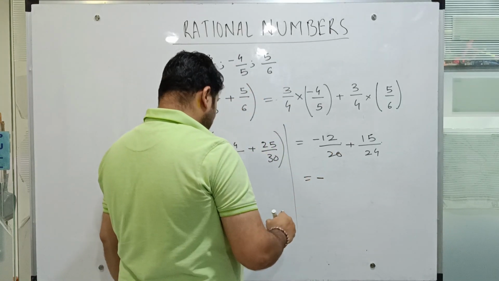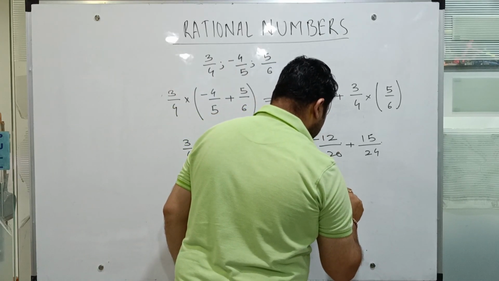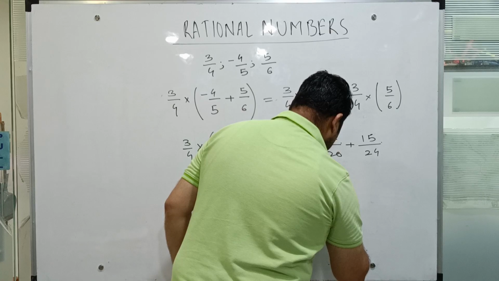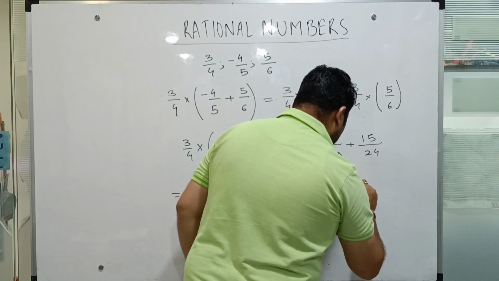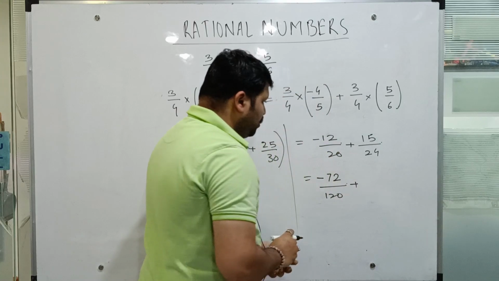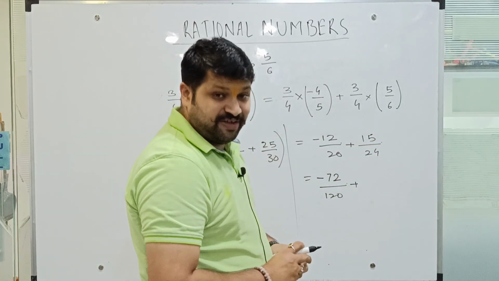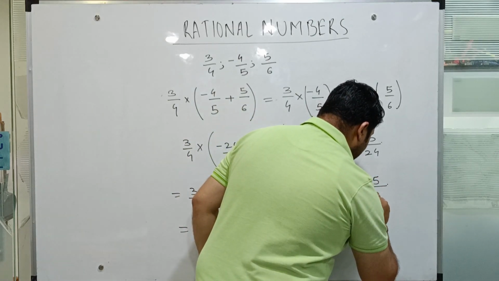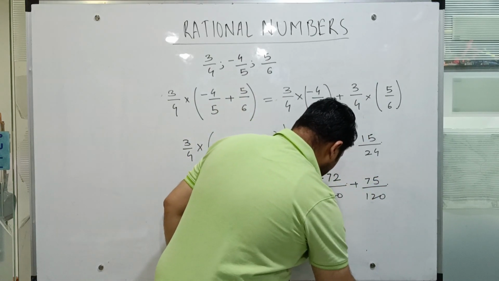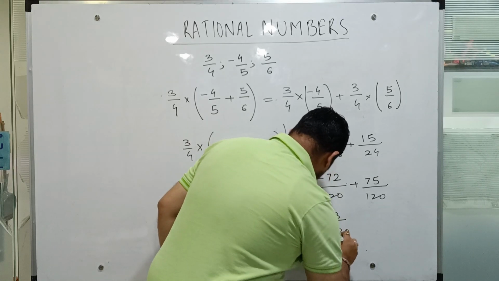So that would be minus 72 divided by 120 plus, now 24 needs to be multiplied by 5. So that would be 75 divided by 120, giving me 3 upon 120.